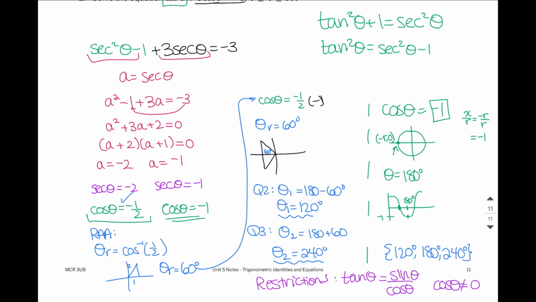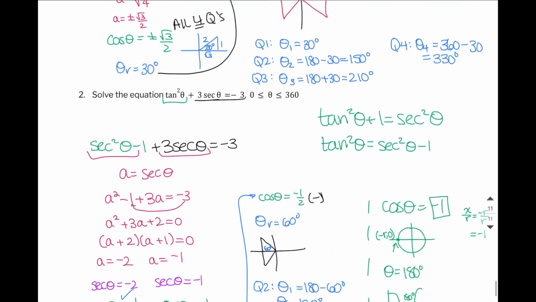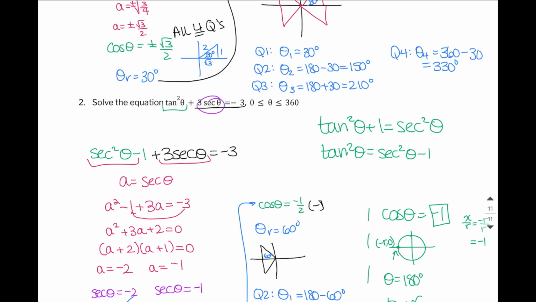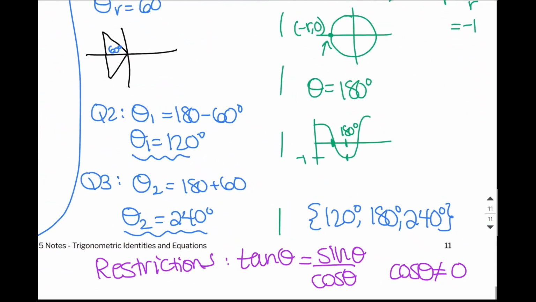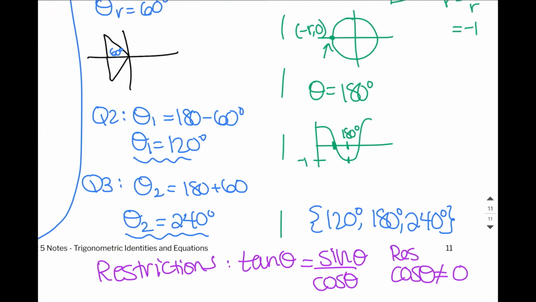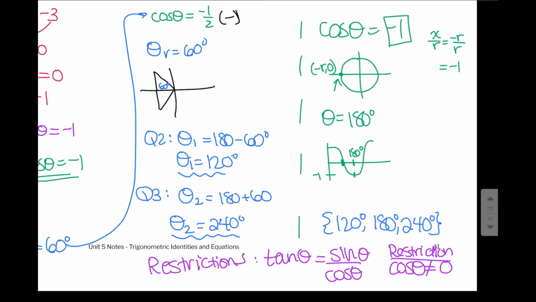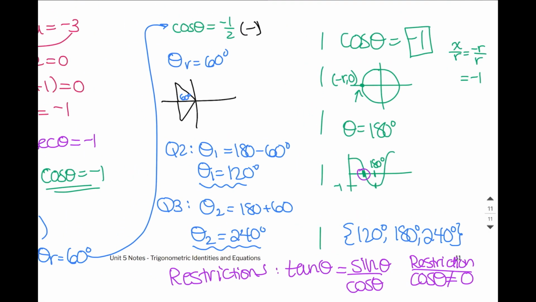So we have to state that restriction here. And then the same thing here for secant of theta, because secant of theta is 1 over cosine of theta. That also means that cosine of theta can't be equal to 0. So this is our restriction here. But luckily, cosine of theta is equal to 0 at 90 degrees and 270 degrees, which is not one of our solutions here. So none of these solutions is extraneous, but that's something that we have to consider always.